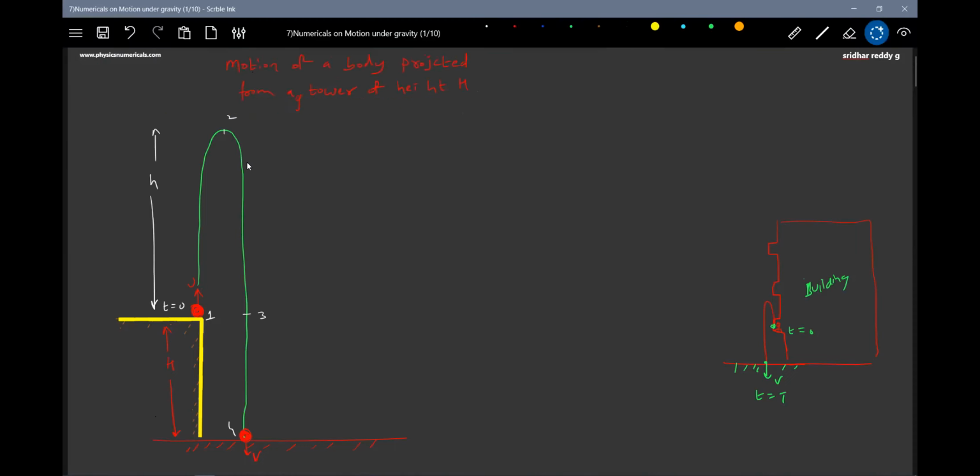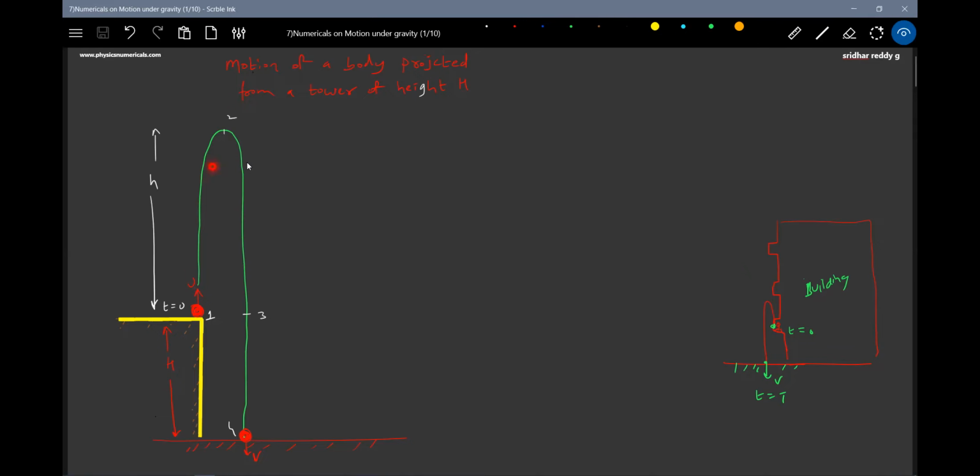Just take some ball and go outside and project it. Stand on a certain high rise like a canopy or some cliff or a hill. From there you throw a ball.